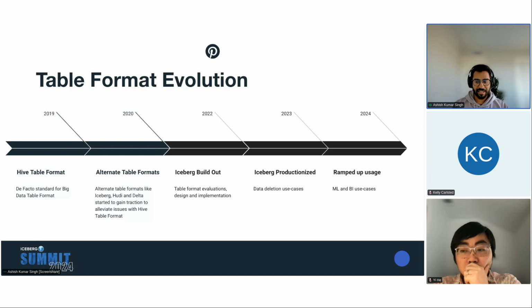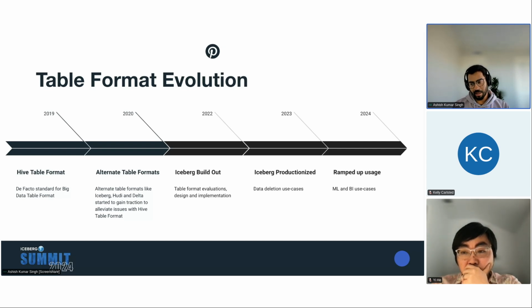In 2023 is when we hit our first major milestone of moving all of our data deletion use cases to Iceberg. That was a big achievement. It enabled us to sunset a lot of legacy systems and processes we had to achieve similar data deletion use cases, which were much more expensive and were hitting scalability limits.